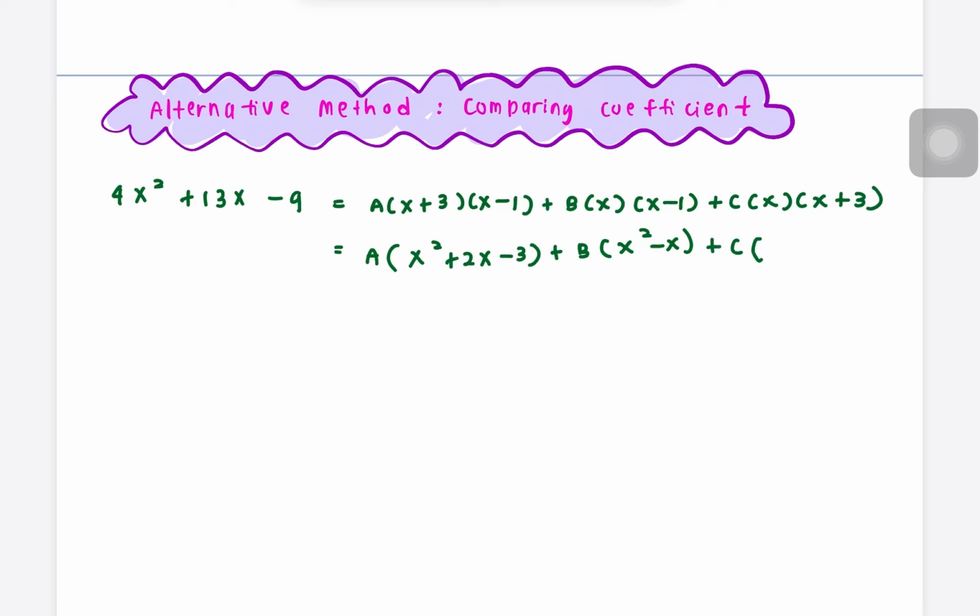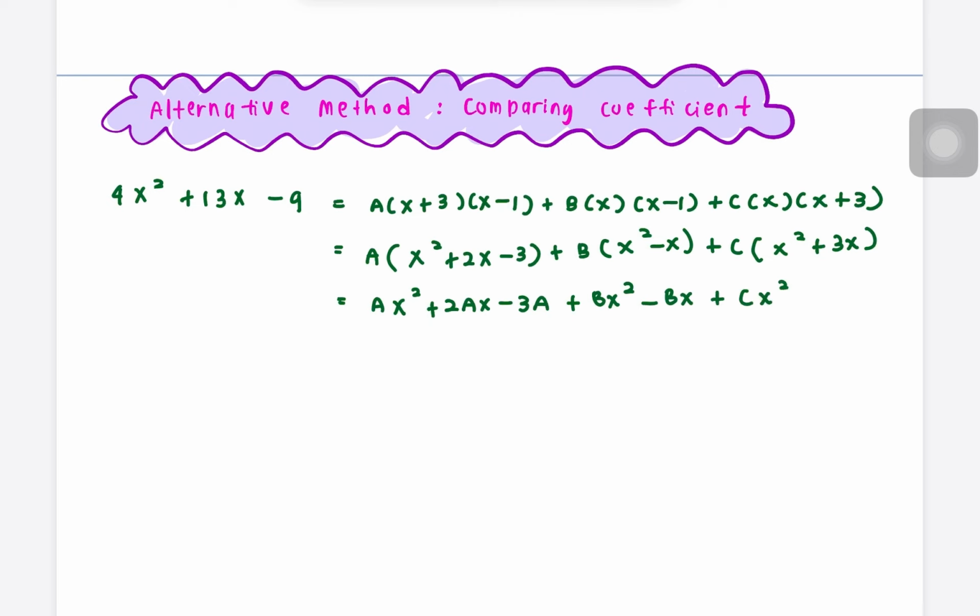Okay, and then left side we just copy 4x squared plus 13x minus 9 equal to. Okay, so what is the coefficient for x squared? This is the x squared term, this is x squared term, this is also x squared term. So we just combine all the squared terms. So we have a plus b plus c for the coefficient of x squared.